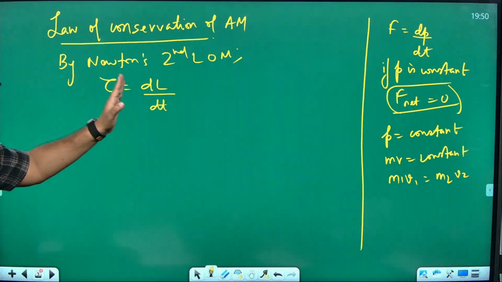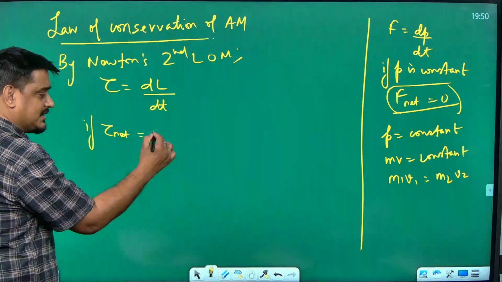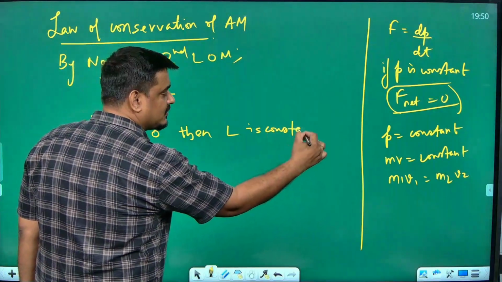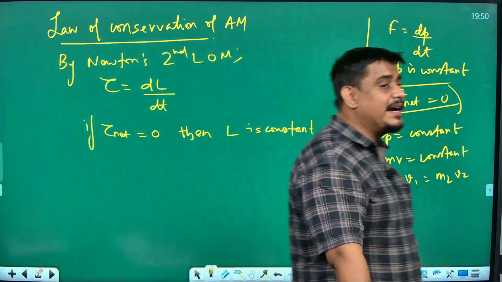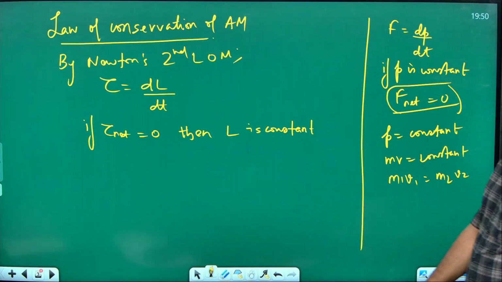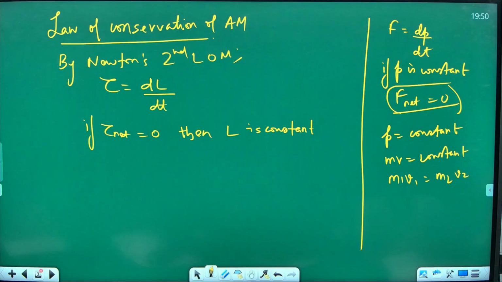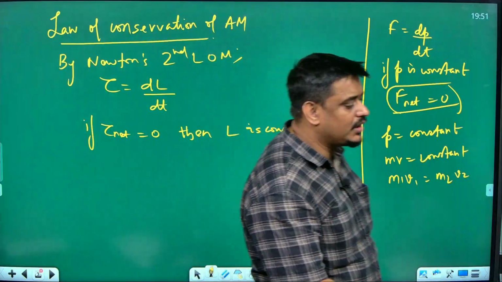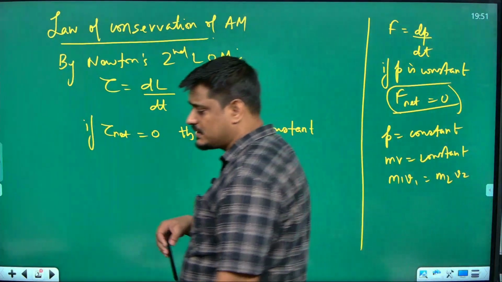If torque is equal to dL by dt, and I say if net torque acting on the body is 0, can I say that L is a constant? So I write the statement, those who are writing for the first time. Statement for this is, if net torque acting on the body is 0, then angular momentum is conserved.